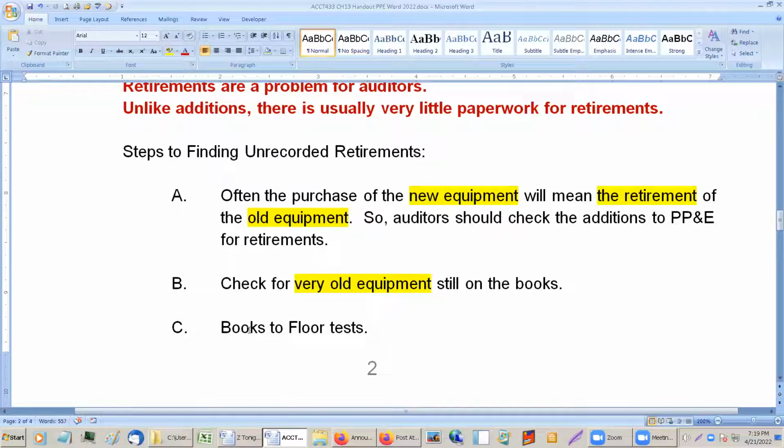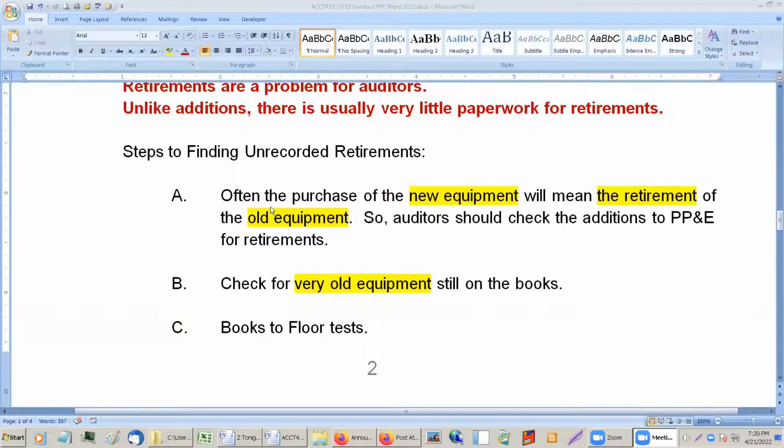So, the book to floor test, and this goes along with these other ones too. You get a list of items that are on the books. You might pick stuff that's a little bit older, but you probably take a random listing of a number of them and just go find them on the floor.